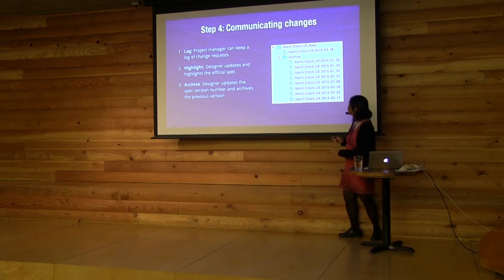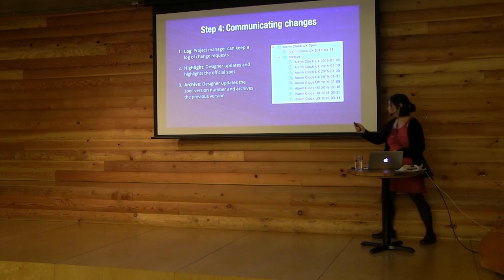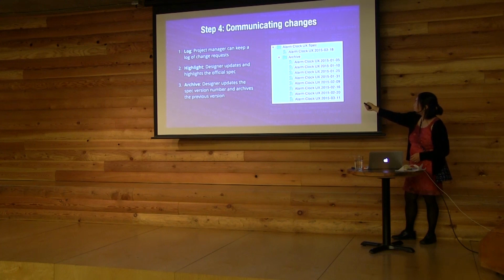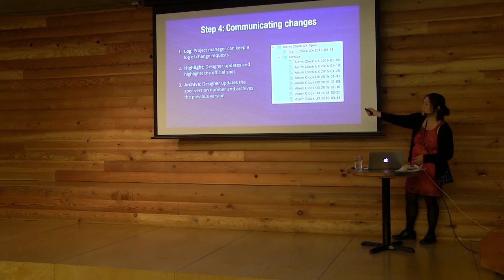Let's say this was the official spec until yesterday. I'm not going to change this file. I'm going to duplicate it and move yesterday's version of the spec into an archive location and today's updated version of the spec into the canonical location.